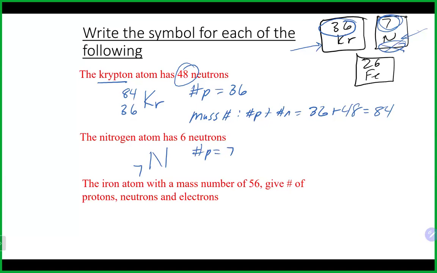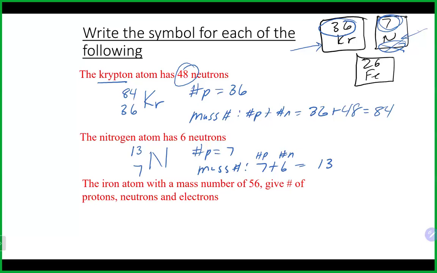So again, we want to calculate the mass number. So don't be the person that writes the decimal number on your exam. So we're going to go 7 plus 6, which is our protons and our neutrons that was given to us. And that's going to be 13, I think. And we can go 13 up on top. Any questions on that one there?